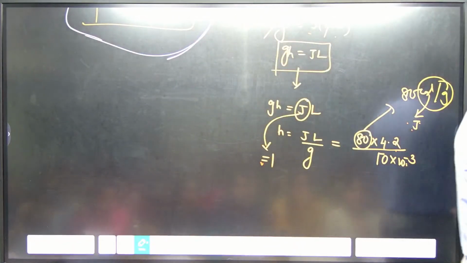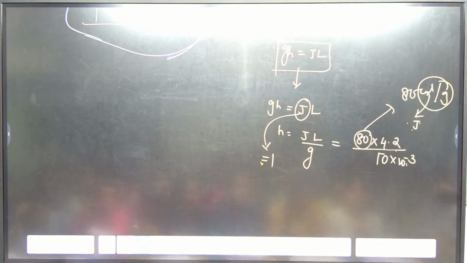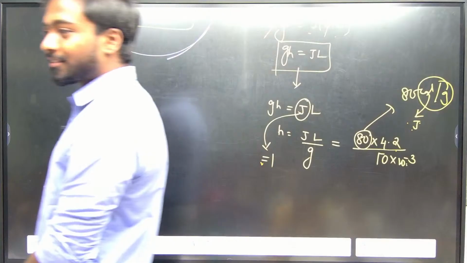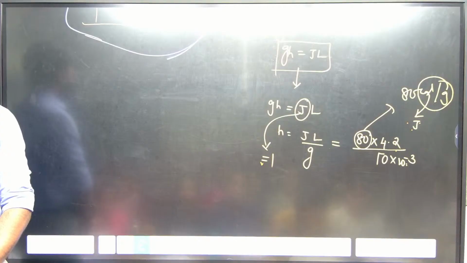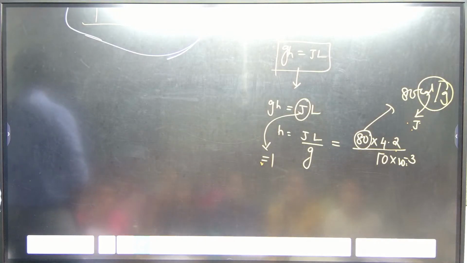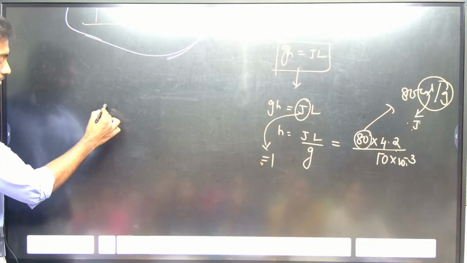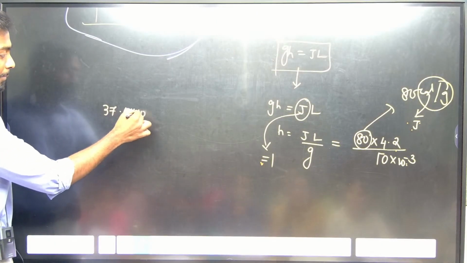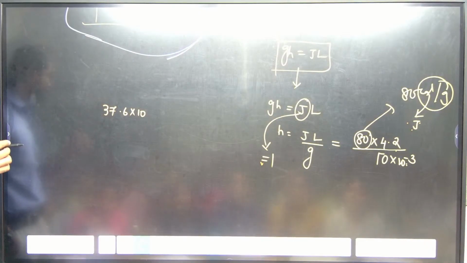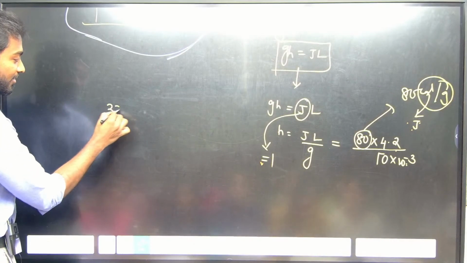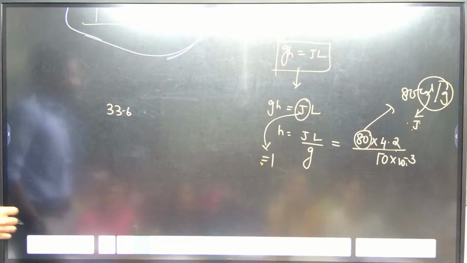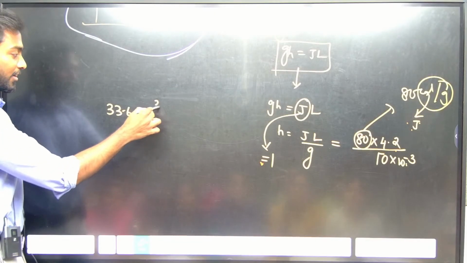420 is the wrong answer. How will you get 420? 4.2 into 8. 37 point something, 10 power 3? Someone got 33.6 into 10 power 3.